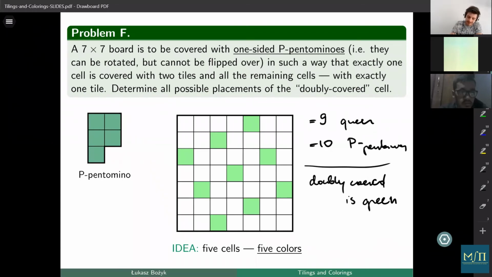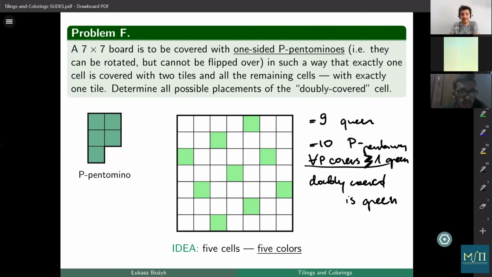And one important thing, each P pentomino covers exactly 1 green. Actually, what we need here is not exactly 1. We only need each P to cover at least 1 green cell.